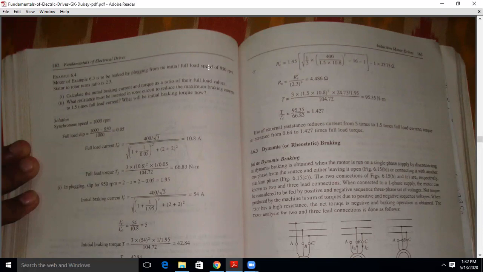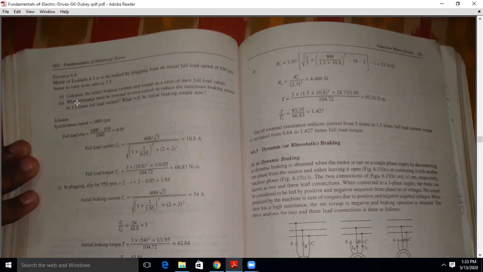At this condition, the stator to rotor turns ratio is 2.3. Please remember it is the stator to rotor turns ratio. Calculate the initial braking current and the torque as a ratio of their full load values.